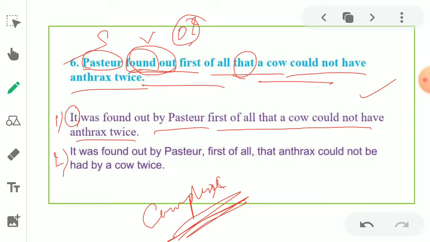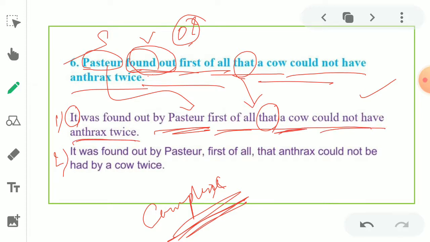Because of the tense, found is V2 form, so V3 is found. It was found out by Pasteur, first of all. Then you have to write that. After writing that, you can write a cow could not have anthrax twice.